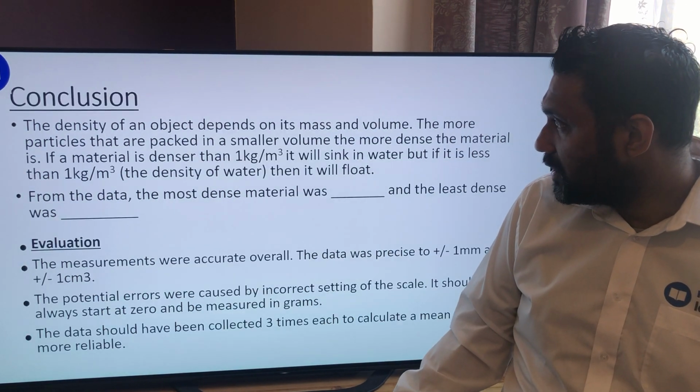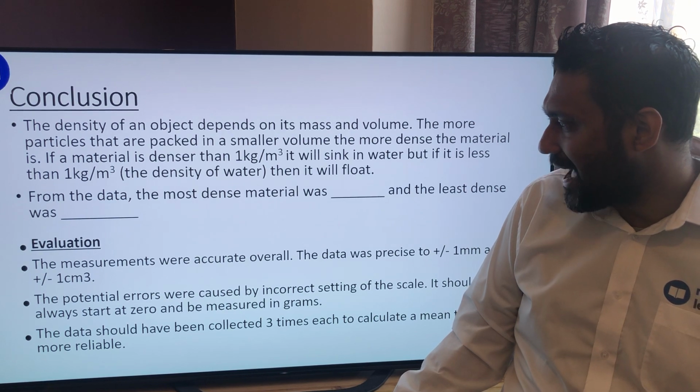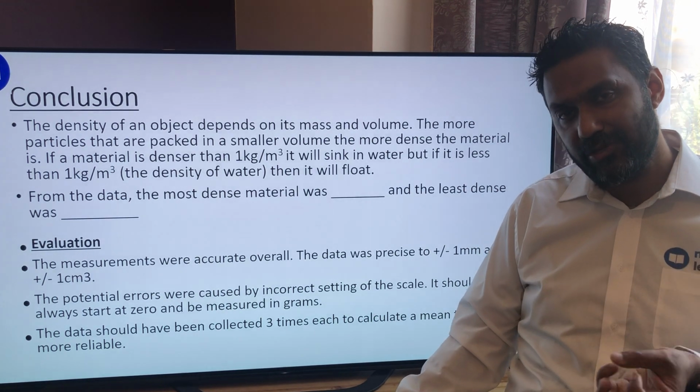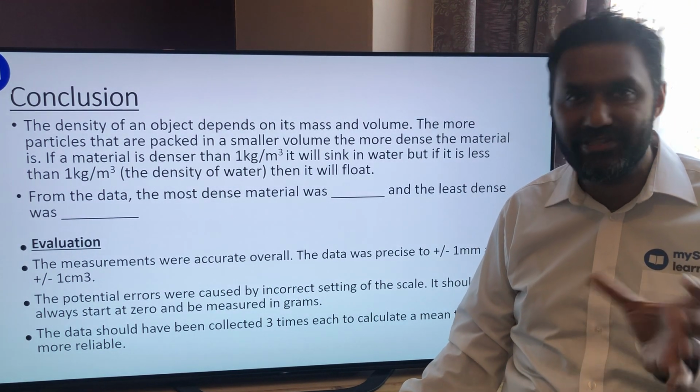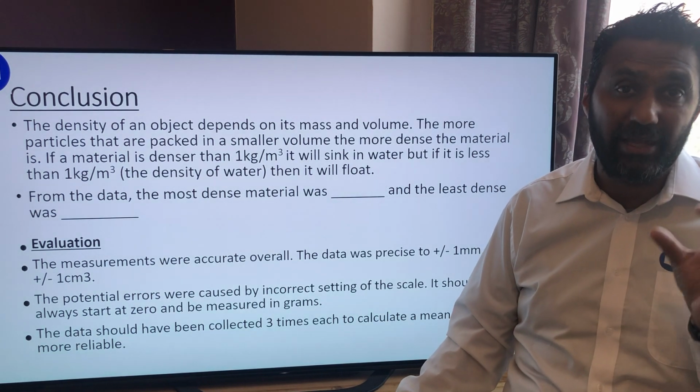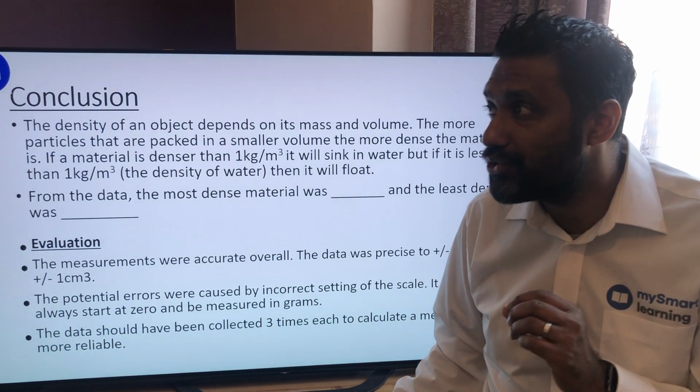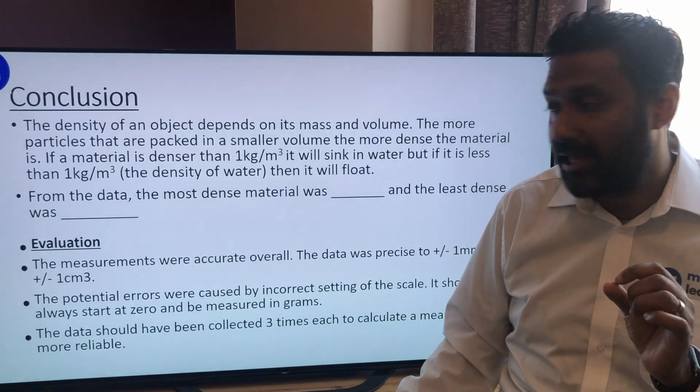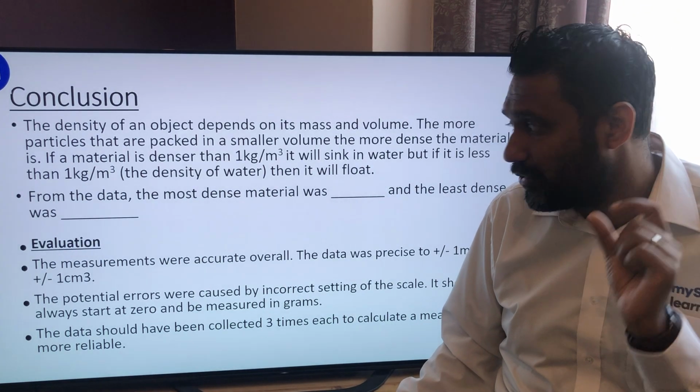Then you can write a conclusion on how you can make your measurements more accurate. A ruler is accurate enough, but if you want to make it even more accurate, you can use these little pieces of equipment called vernier calipers, which measure it even more accurately.